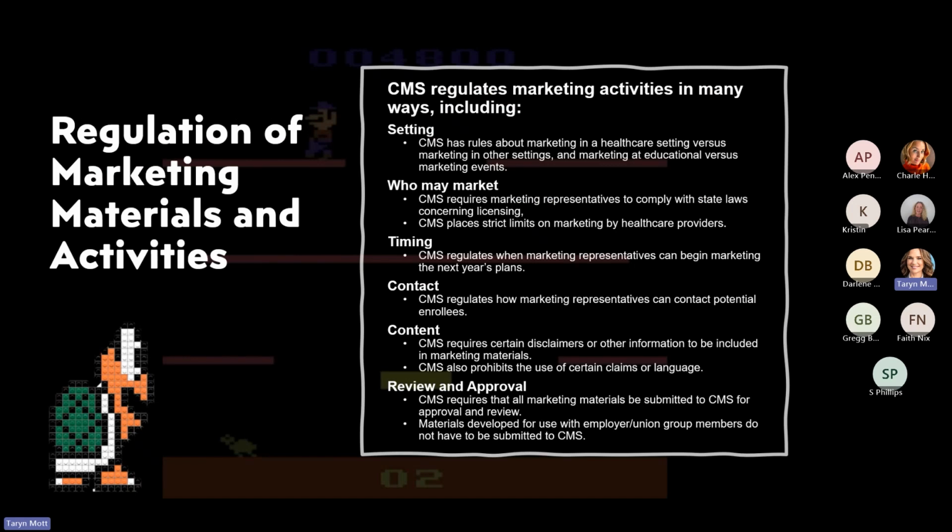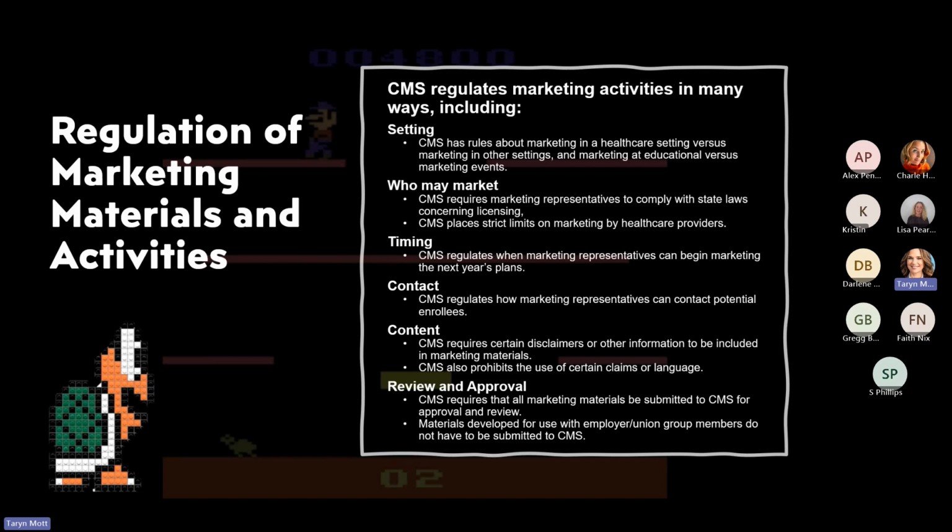The regulation of marketing materials and activities. CMS regulates marketing activities in many ways, including the setting of where you can do it, who may market, timing, contact, content, and review and approval. The setting: CMS has rules about marketing in a healthcare setting versus marketing in other settings, and marketing at educational events versus marketing events. They also say that CMS requires marketing representatives to comply with state laws concerning licensing.